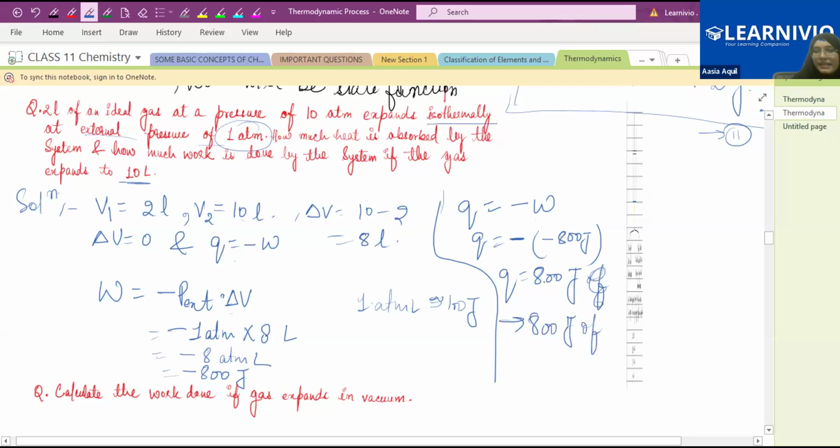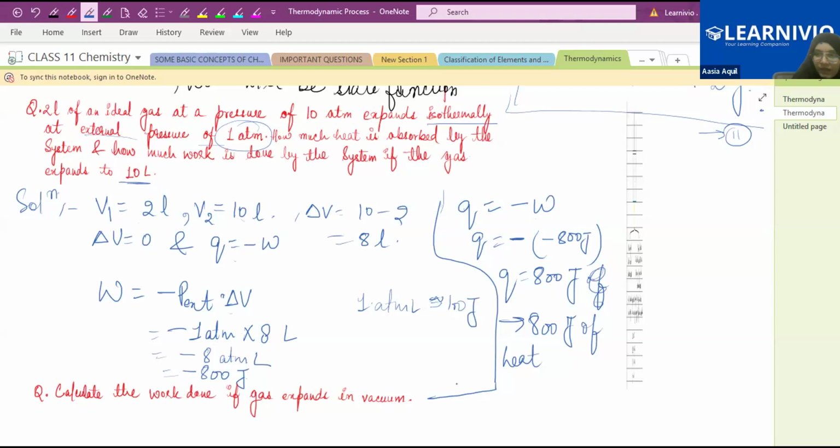What does the plus sign mean here? Q is positive 800 joule. So what does this mean? If Q is positive, the heat is absorbed.